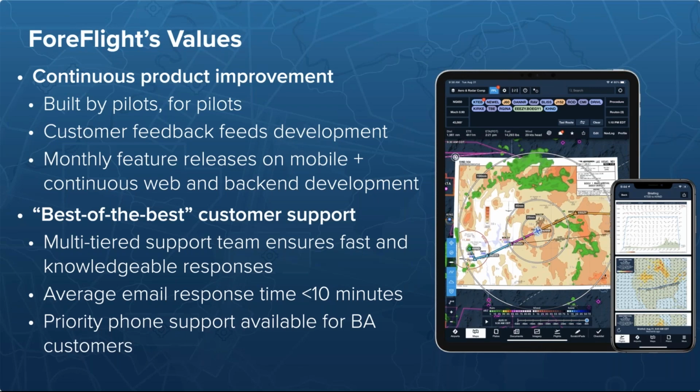We get a lot of feedback from pilots and users and flight departments, and all that feedback is taken, and there's just a lot of work being done to build this, so we know that it's meeting the needs of our pilots and our flight departments. So it's not just built by pilots for pilots, it's continuously being developed by pilots and for pilots.